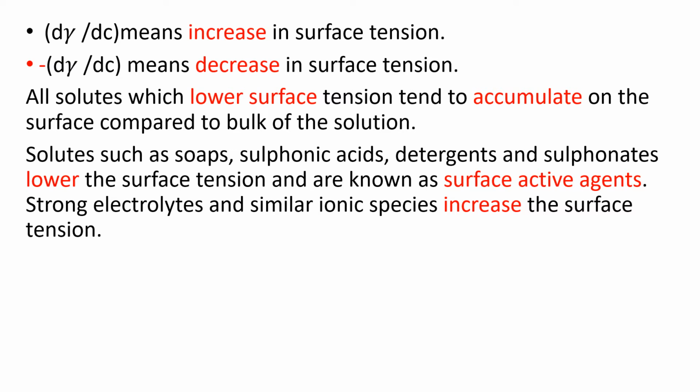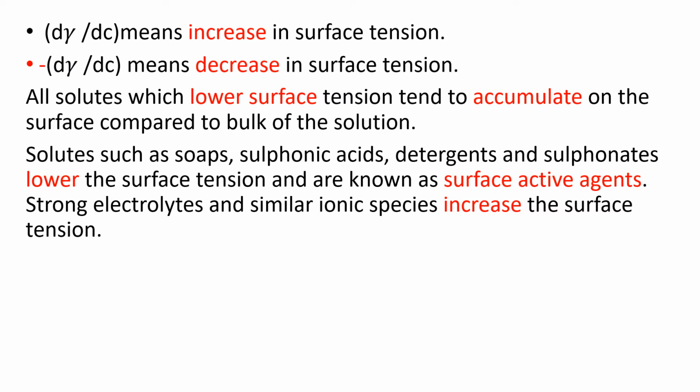So all solutes which lower surface tension tend to accumulate on the surface compared to the bulk of the solution. That means solutes which have negative dγ by dC lower the surface tension and tend to accumulate on the surface. Now solutes such as soaps, sulfonic acids, detergents and sulfonates show a negative value of dγ by dC.